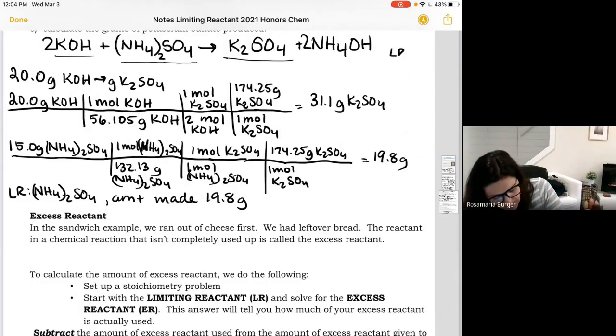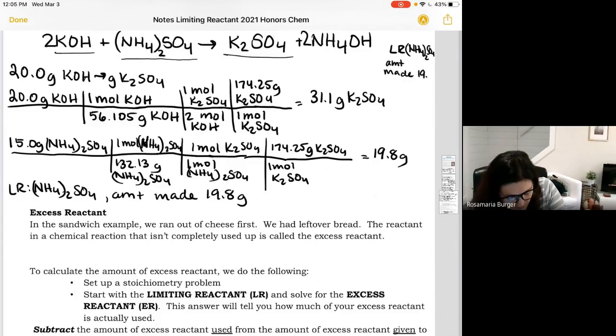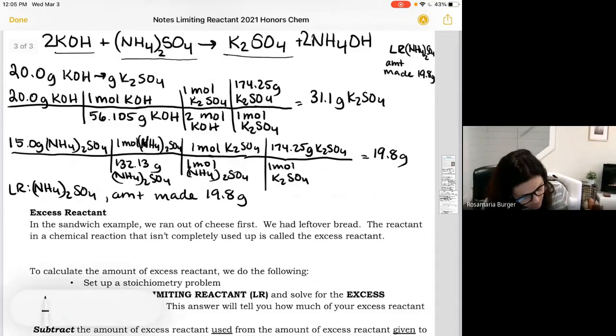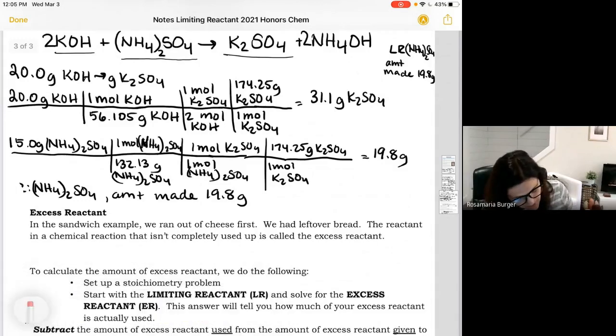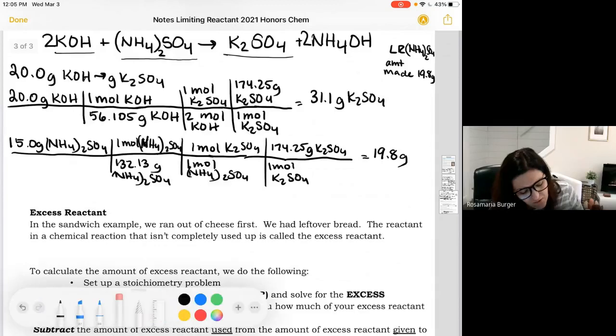Limiting reactant, NH4 to SO4. Amount made is 19.8 grams. I underestimated how much room I would need for this. I'll erase this. Don't worry, I'll zoom way in so that it doesn't look too small.